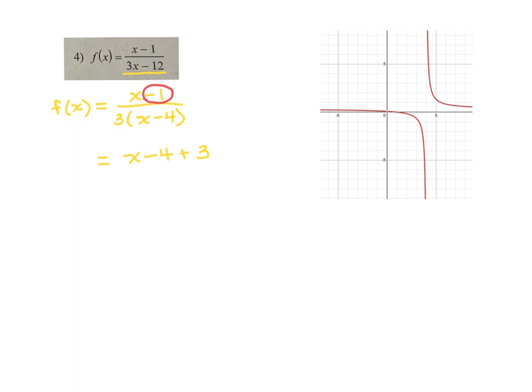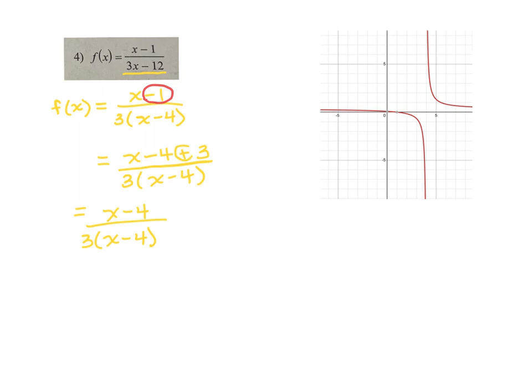Let me get rid of that red. What I'm going to do on the bottom is I'm just going to leave it as 3 parenthesis x minus 4. Now what I'm going to do is I'm going to separate the top. So I'm going to take the x minus 4 that I wanted to create, and that's still over the 3 parenthesis x minus 4.